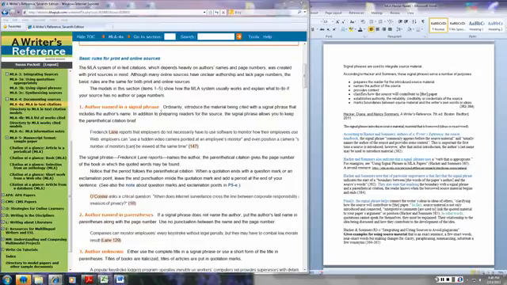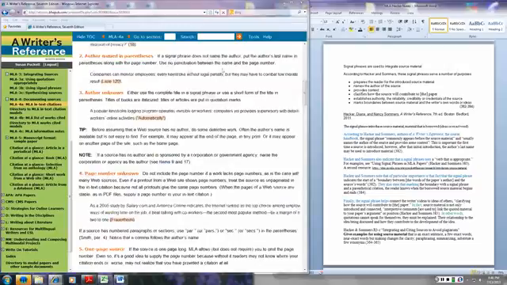As I indicated, if the author is named in the signal phrase, you need to include only the page number in the parenthetical citation. If we refer to the author again, or the source again, then we may use just the author's last name, but we don't refer to authors by first name only.